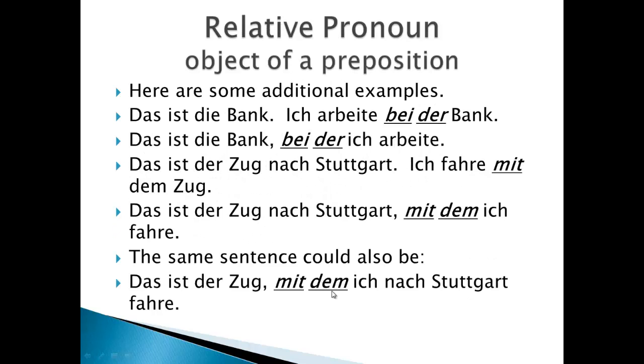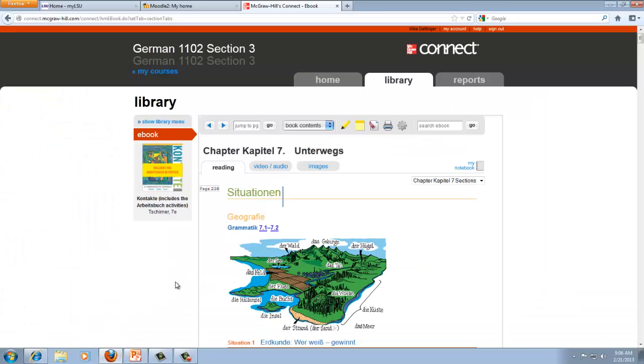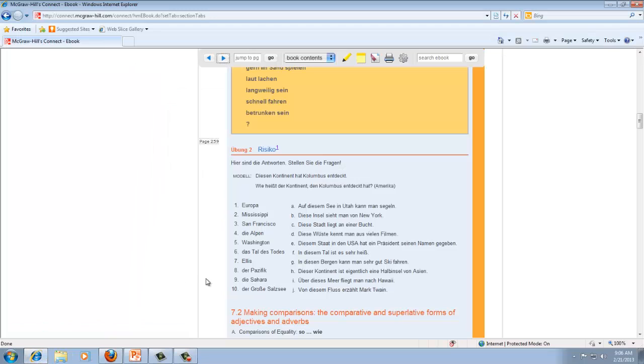Okay, and actually, if you go to Seite 259 in your book, this is going to be your first task. Go ahead and write these sentences out. You don't have to do it right now, but this will be due on Monday.